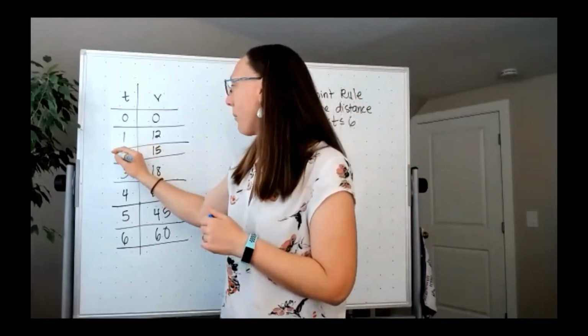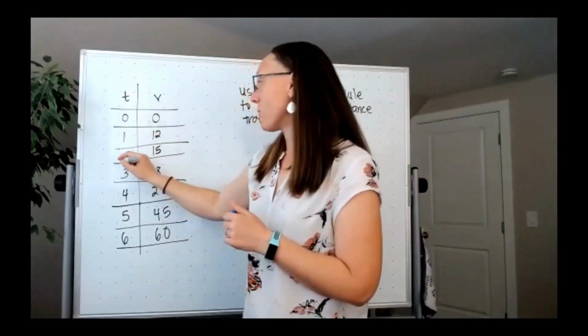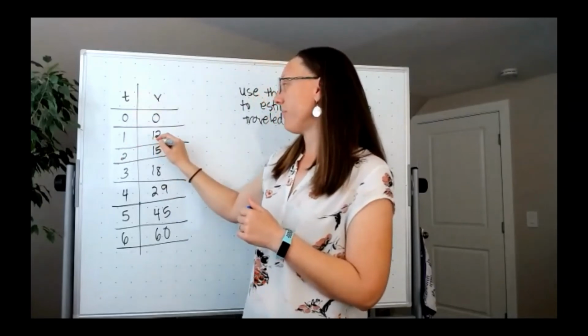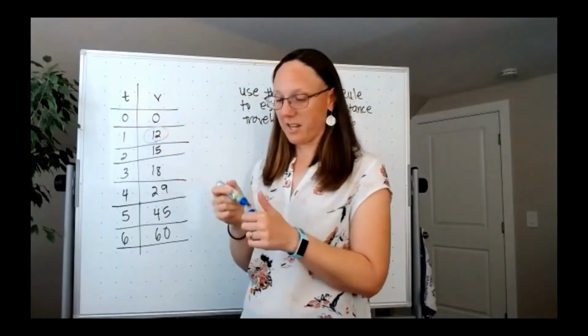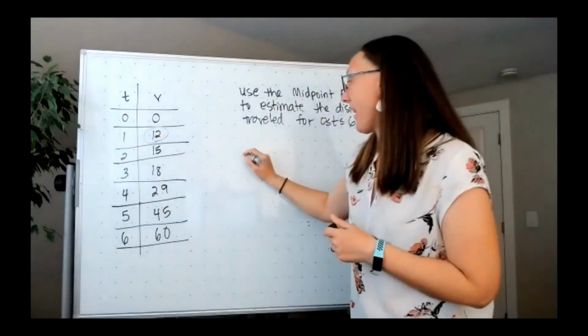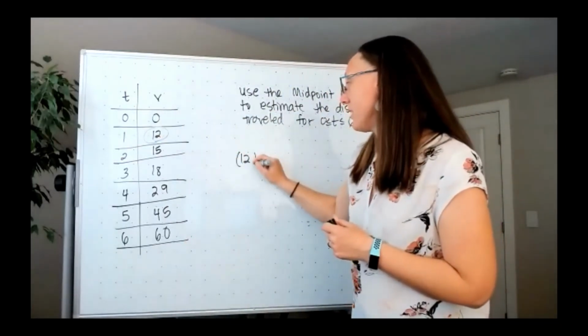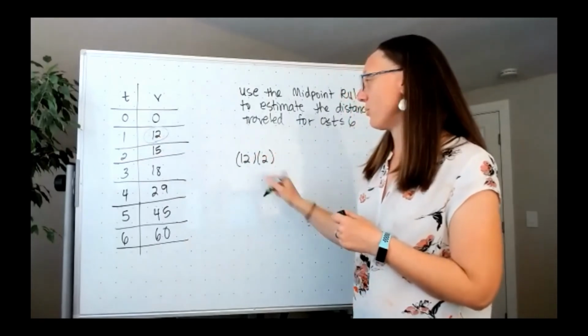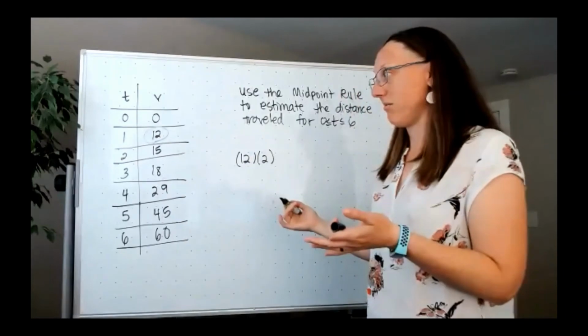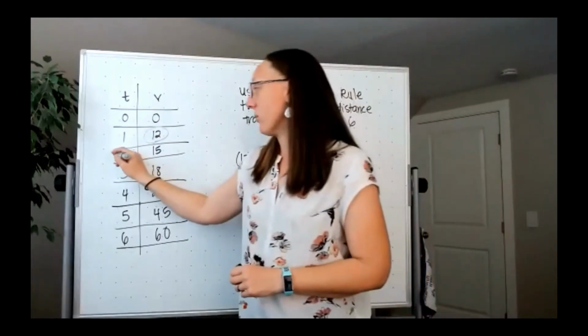So I would break up from 0 to 2 and say that from 0 to 2, my velocity was 12. So I'd have 12 times 2 for my interval from 0 to 2.